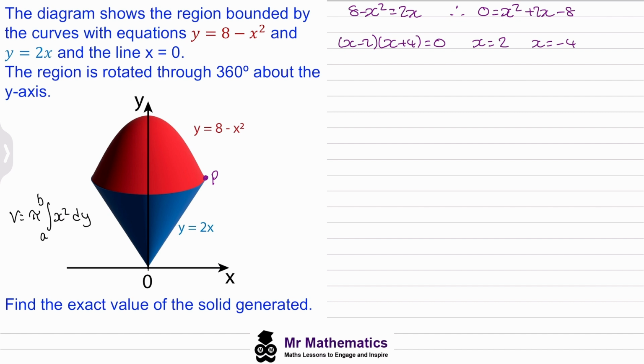You can see we're only interested in this positive 2 solution, which is here. And if x equals 2, then we can substitute this 2 into here, and we'll get y equals 4.